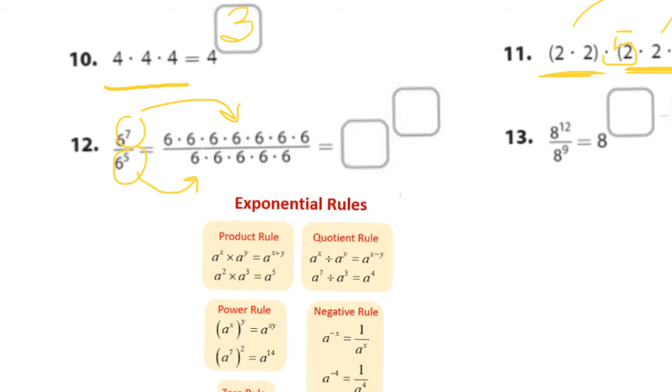So I'm going to keep my base of 6. And then 7 minus 5 equals 2. So my exponent is 2. Another way to show this is to simply match these up and cross them off. And I do end up with 2 6's. So either way will work.